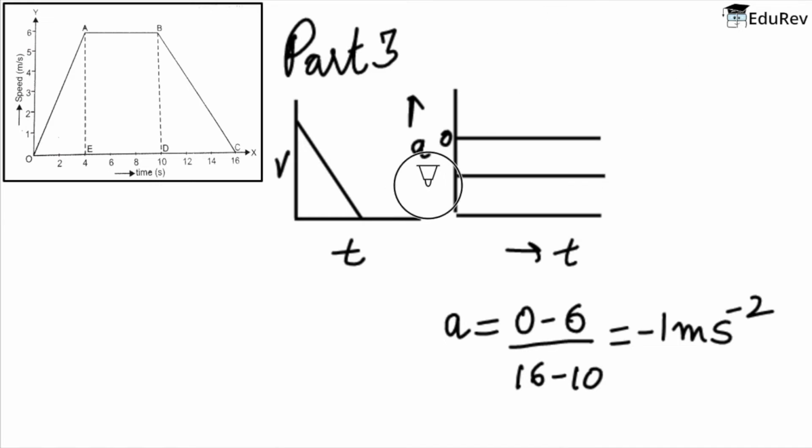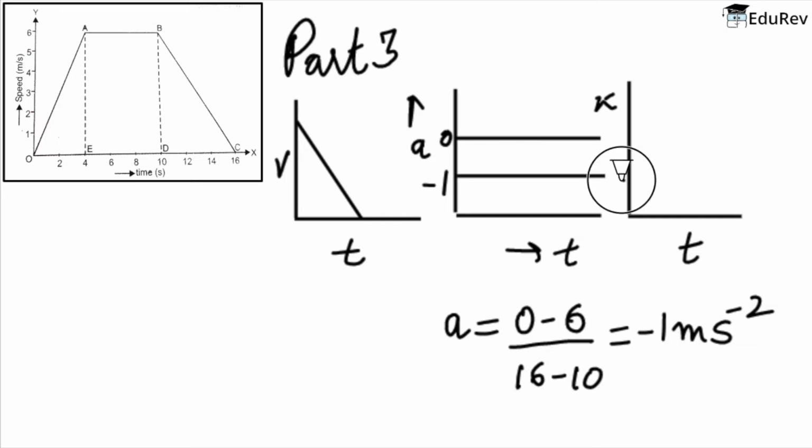Now if we draw the XT graph for part 3, we know that it is again a parabola, but the final position would be a constant value. So after part 2, our initial position was 48 meters.